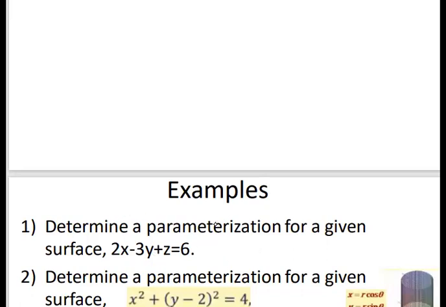So let's do that. I will pick x equal to u, very easy, y is v, and z also, using this equation, you can solve for z in terms of u and v.